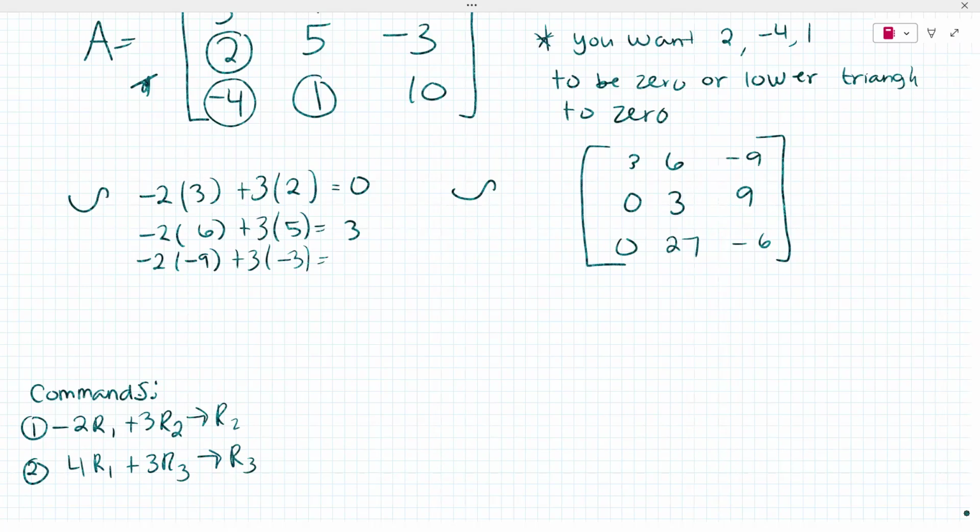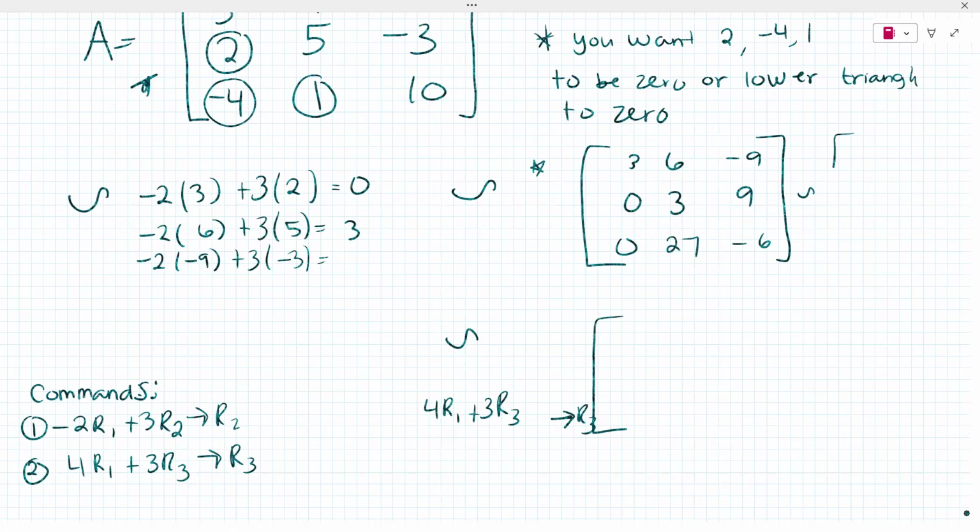Okay, so you always start with your previous matrix. So now we're starting with this matrix, and we're going to get, let me put it here. So we're messing with row 3 only. And then it's 4 times row 1 plus 3 times row 3. Okay, so let's do that.